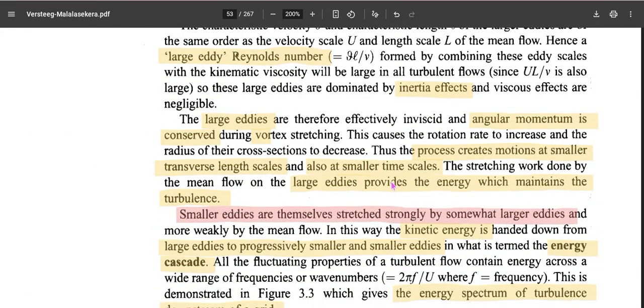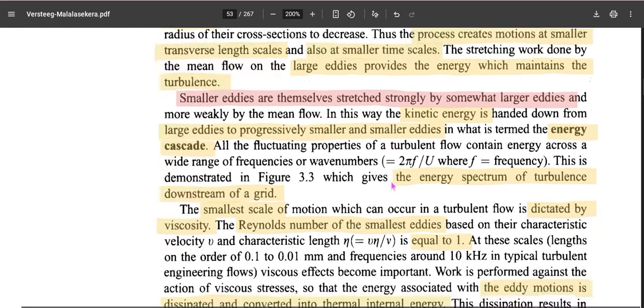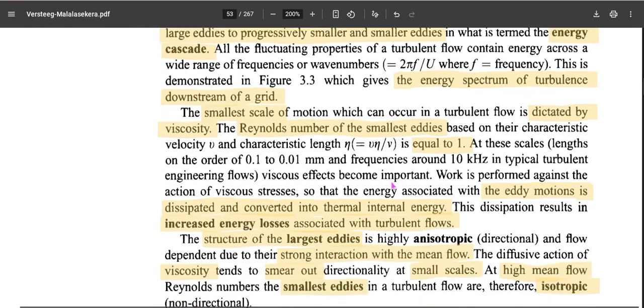There can be large eddies and small eddies. The large eddies interact at a large scale, and the small eddies interact at the viscous scale.